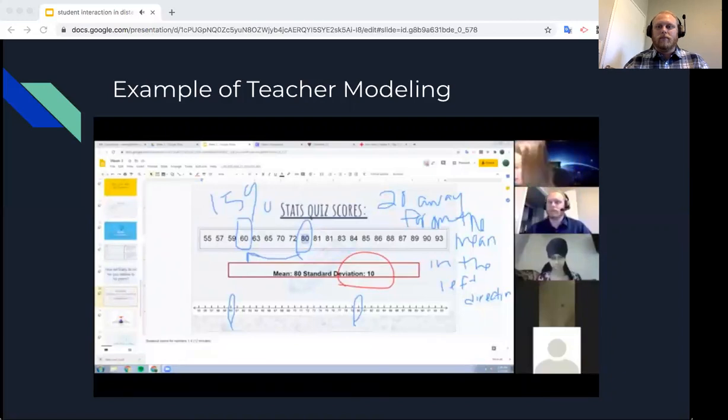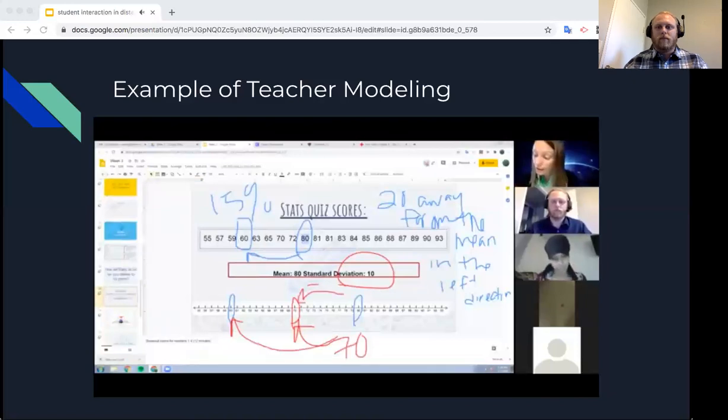So if you're about 10 away from the mean, then one standard deviation puts us at a score of 70. And that means Biff over here, so we went minus 10 here, and we went another 10 there, for a total of 2 standard deviations.